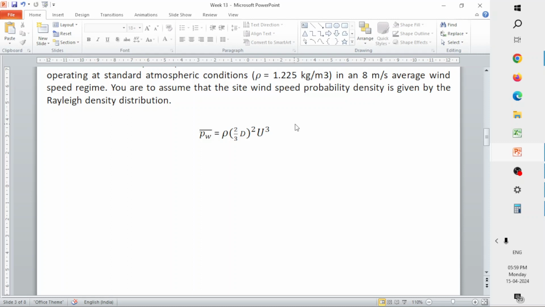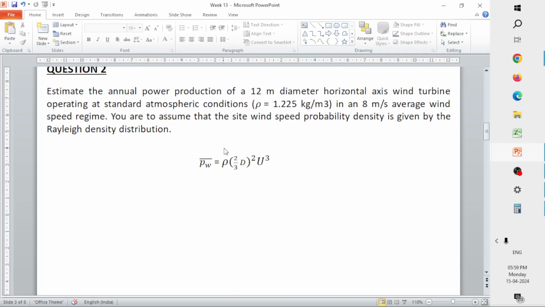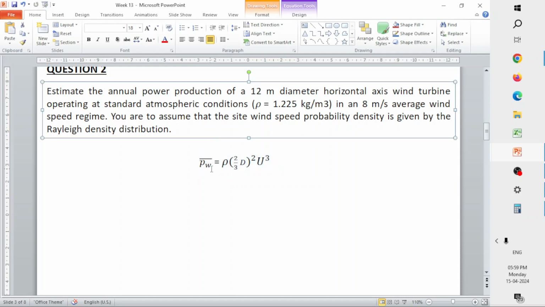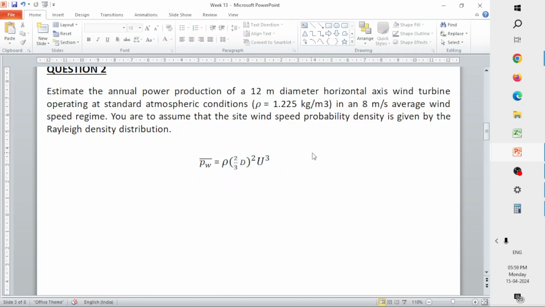So we just take the formula: PW bar is equal to rho times 2 by 3 d, the whole square, times u cube. Here rho is the density of the air, 1.225 kg per meter cube. D is the diameter of the rotor of that wind turbine, which is 12.